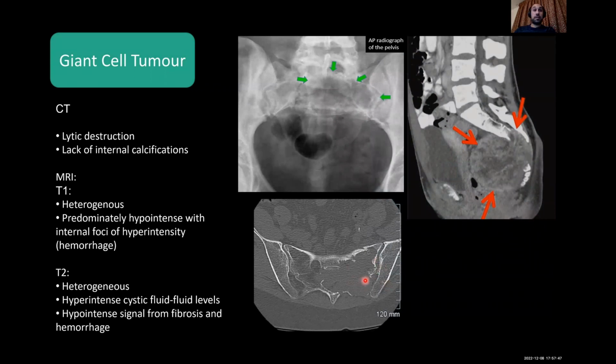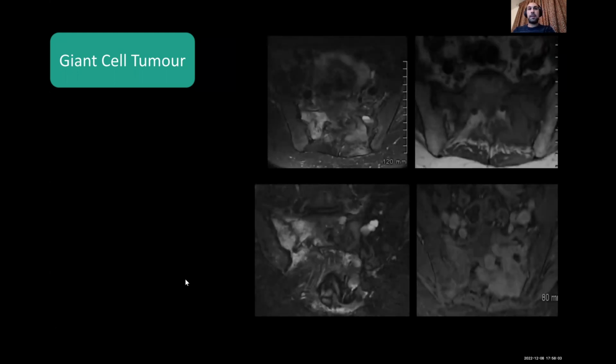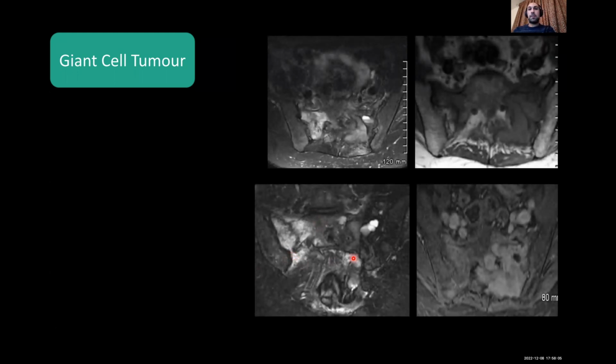Here's another example of giant cell tumor. It is not midline; it is paramedian. There are pathological fractures inside the giant cell tumor.